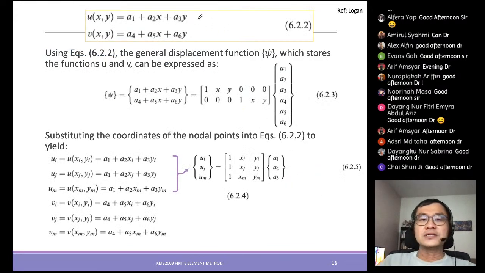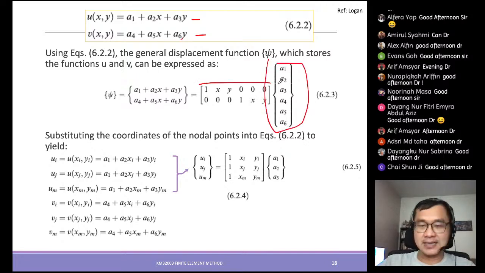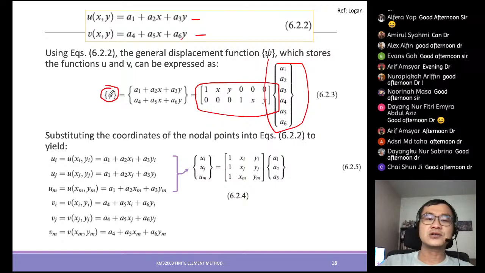So now based on these 2 displacement functions, we can further expand. Since we have a1 to a6, we just break them into a1 to a6 using this matrix form, and we represent in general as a phi, the general displacement function in this form.